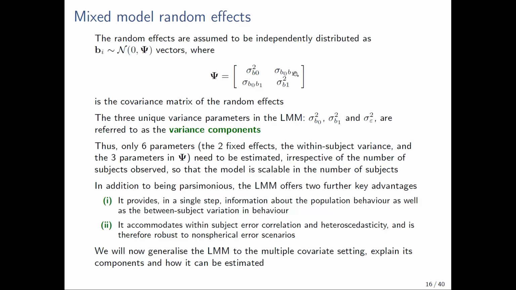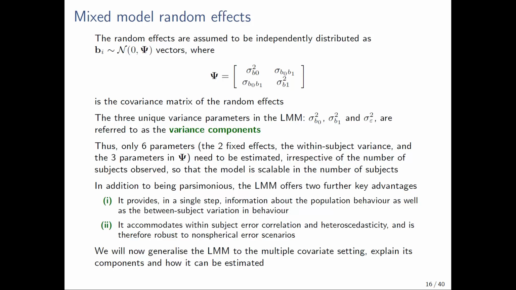The three unique variance parameters in the linear mixed model, the two random effects variances and the error variance, are referred to as the variance components. And here's the parsimony of the linear mixed model. Only 6 parameters need to be estimated: the two fixed effects, the within subject error variance, and the 3 parameters in psi, irrespective of the number of subjects that we observe.